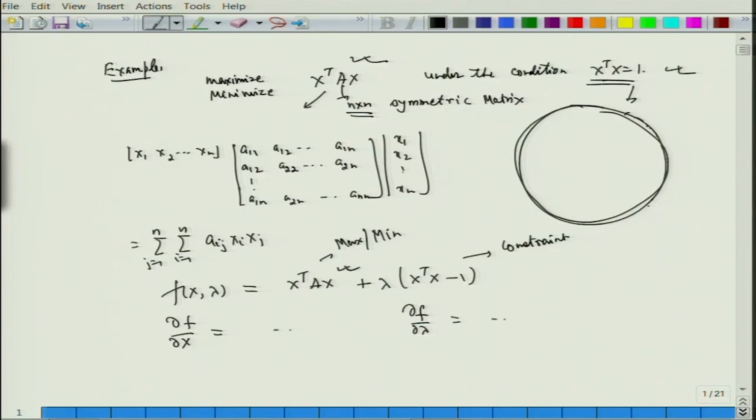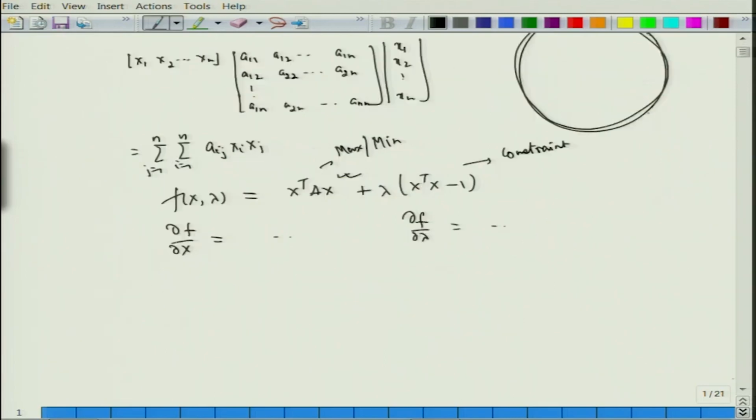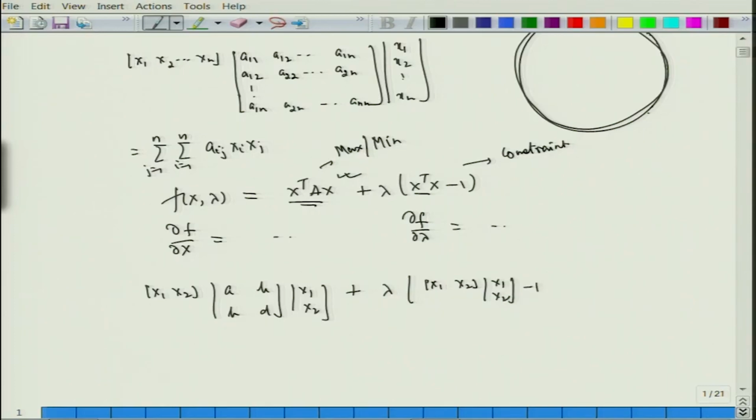So let us try to understand what I mean by differentiation of this. X is a vector, so I am looking at the gradient. I will do it for only a 2 cross 2 matrix, and from there I would like you to understand it. I look at (x1, x2) times the matrix [a, b; b, d] times (x1, x2), plus lambda times x transpose x minus 1.